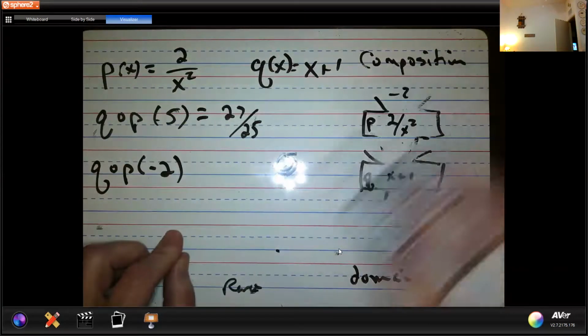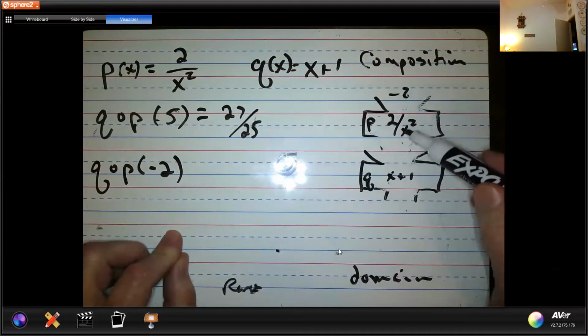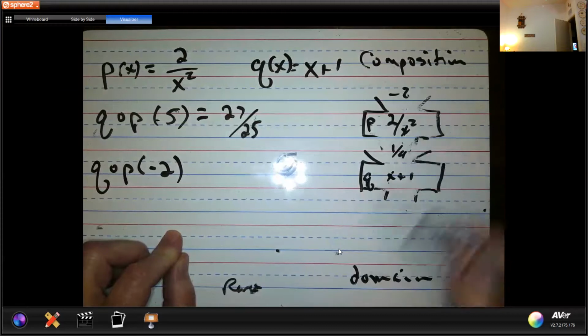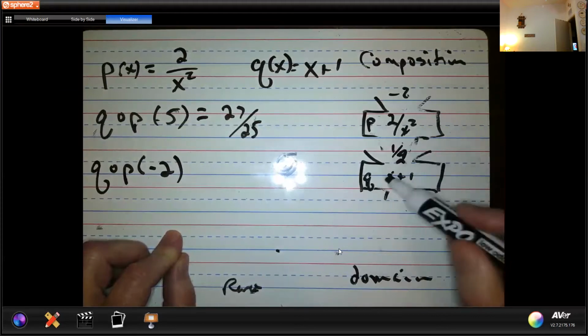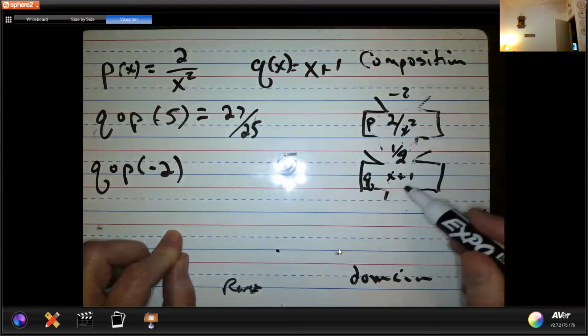I plug negative 2 in there, so I get negative 2 squared, right? Negative times negative is positive 4. 2 divided by 4. Ooh, that's 1/2.